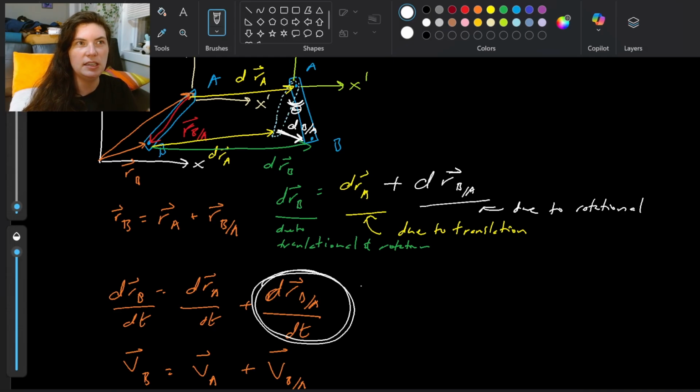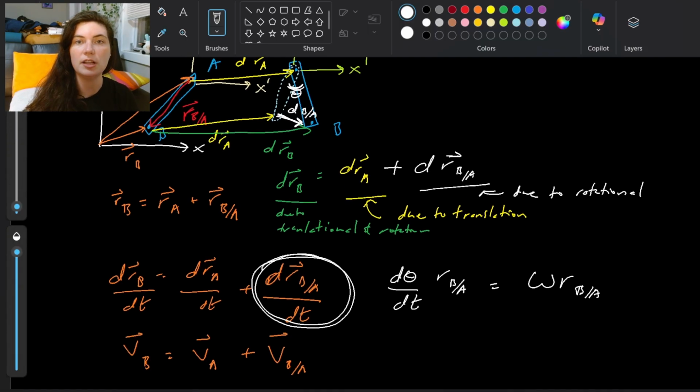So this d of rB with respect to A can be rewritten as our vector rB with respect to A as it goes through this change of d theta dt, which is going to give us omega. This is what gives us our angular relationship here. Omega times rB with respect to A, and that's just the vector of the bar itself.